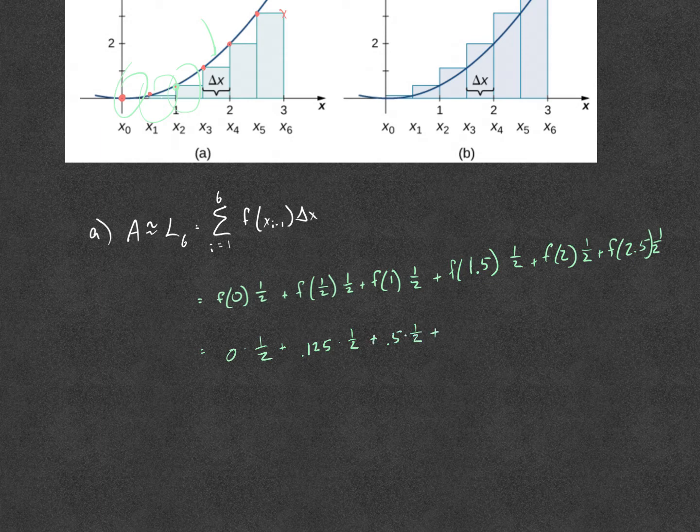You substitute in 1.5. 1.5 squared over 2 is 1.125 times a half. Substitute in 2. 2 squared is 4 over 2, 2 times a half. Substitute in 2.5. That squared over 2 is 3.125 times 1/2.